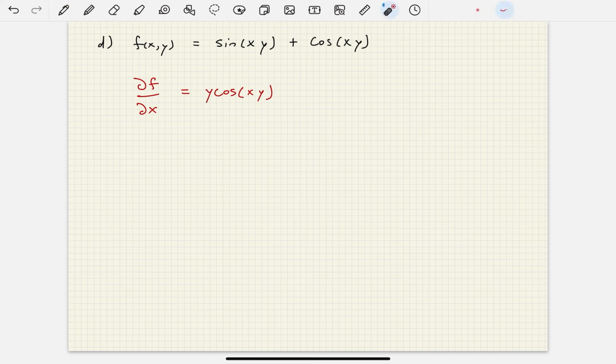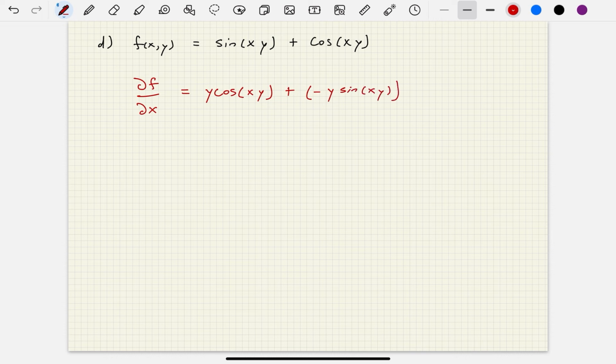So really, that first term is going to be y times cosine of xy, okay? What about the second term? We're not done yet. We got to say plus derivative of cosine is negative sine. So really that's going to be plus a negative y times sine of xy.